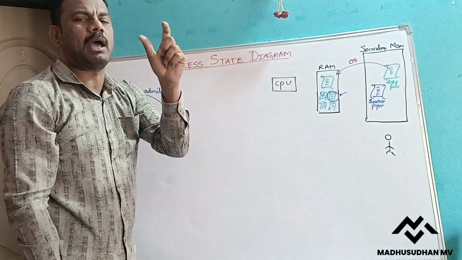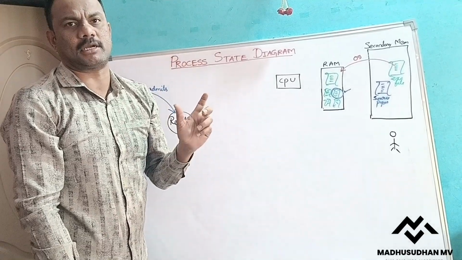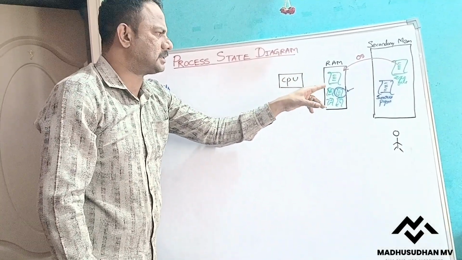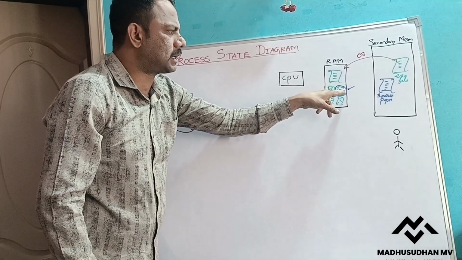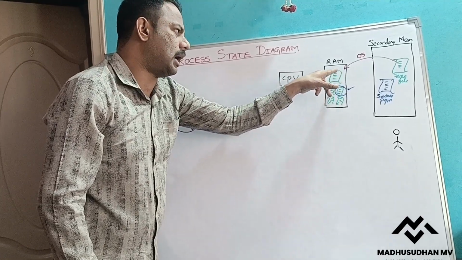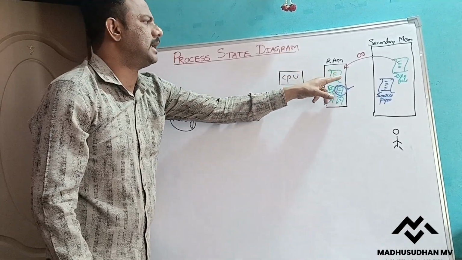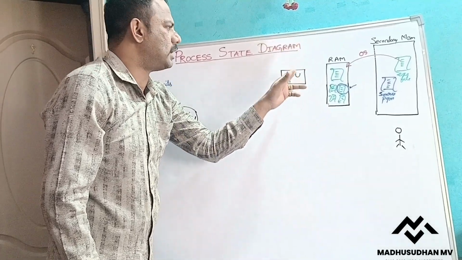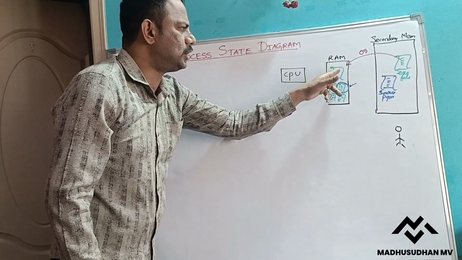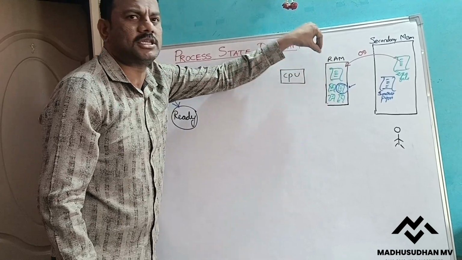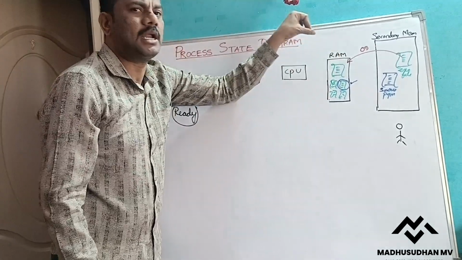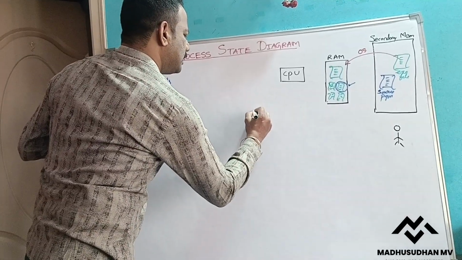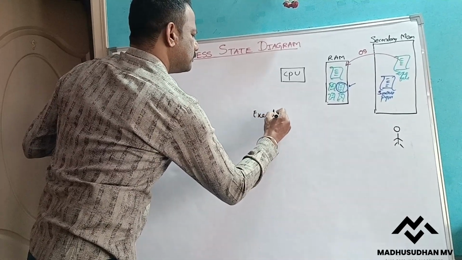That is done by another program called the dispatcher. Once the dispatcher transfers the processor from the currently running process to the next process, our process is in the executing state, because it takes the first instruction and executes, takes the next instruction and executes. So our process is in the executing state.